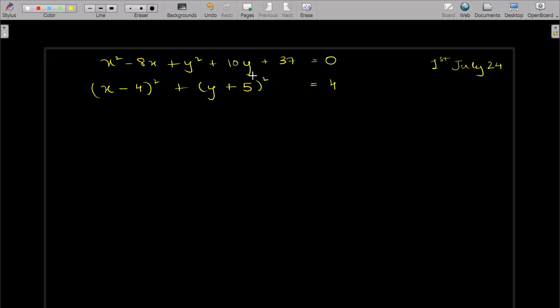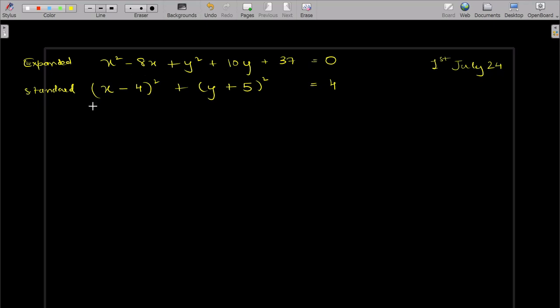So you'll be doing completing the square to convert the expanded form to the standard form. But with this hack you can directly get the center and the radius. First of all, Anika, can you tell me what is the center and the radius?